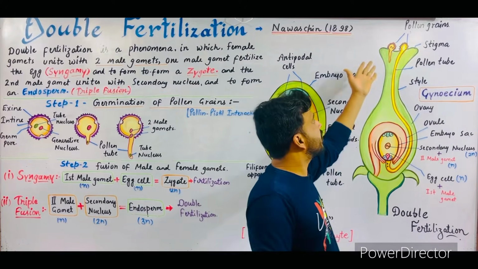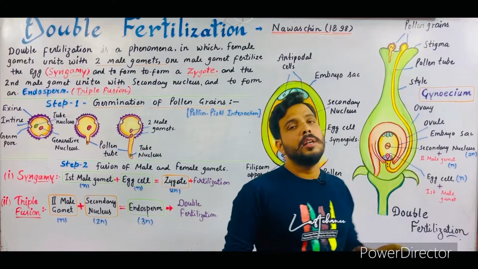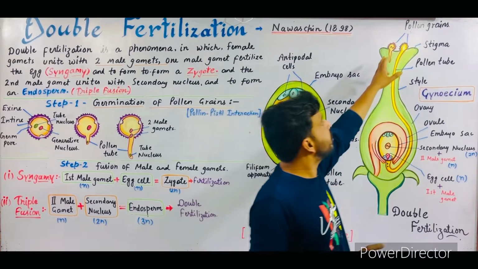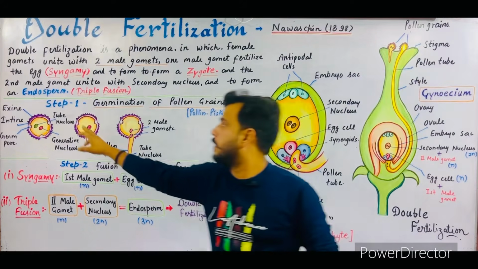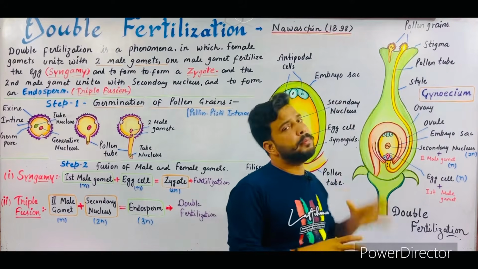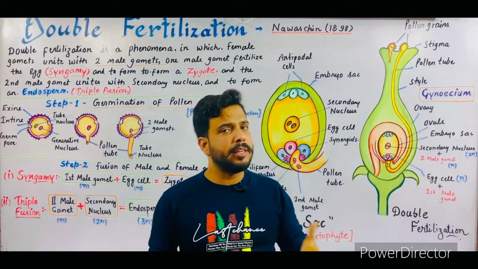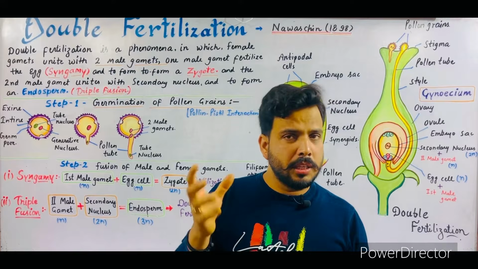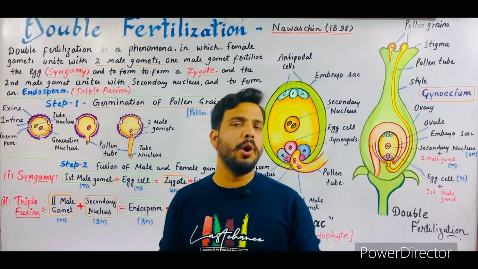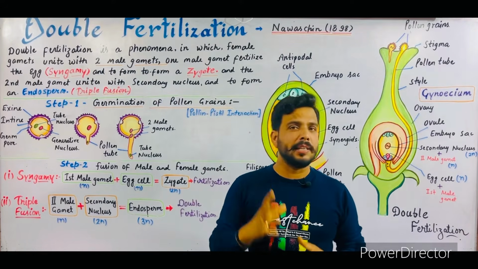After reaching the stigma, the pollen grain germinates. Before germination, the stigma secretes a mucilaginous substance. This mucilaginous substance consists of sugar and malic acid.